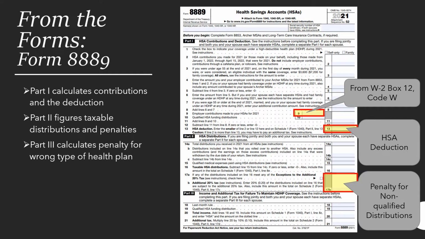And Part 3 calculates the penalty if the individual had the wrong type of health plan. This account can be held by someone with a non-high deductible health plan, but they cannot contribute to it unless they have the high deductible health plan. So there's an important distinction there.